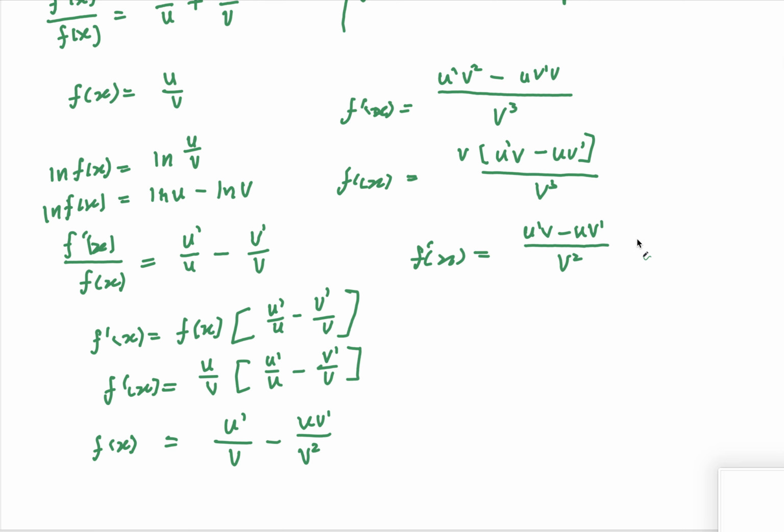So this is the quotient rule. I don't know if the spelling is correct, but it looks like that. My pen is lagging because it's been running for quite some time now.